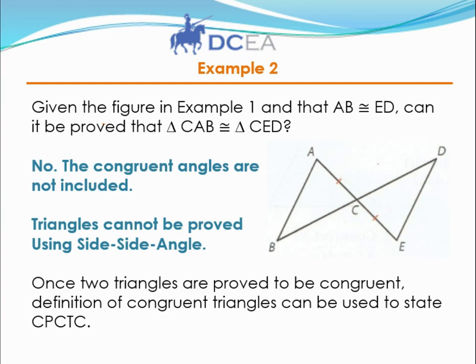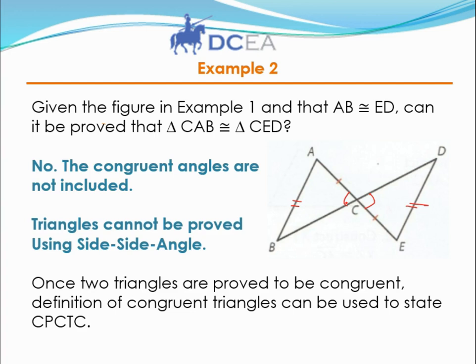Example 2. Given the figure in example 1 and that AB is congruent to ED, can it be proved that triangle CAB is congruent to triangle CED? This is the same picture. So AB could be congruent to ED. Can it be proved that these triangles are congruent? Well, one of the things we do know is these 2 angles are congruent, but we have a problem.